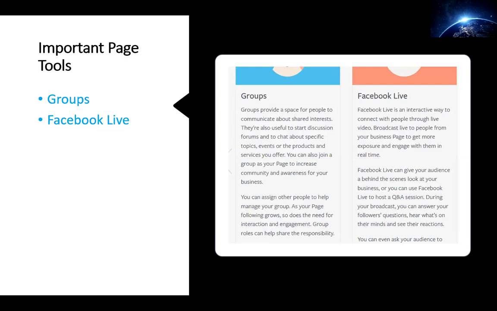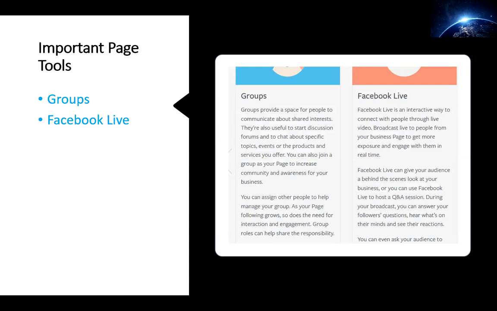I can have my Curated Home Style by Chrissy Facebook page. And then I could also set up a Curated Home Style by Chrissy Facebook group. And the group would be, say, for example, to have more in-depth discussions with my top fans or people who ask a lot of questions or people who I collaborate with.